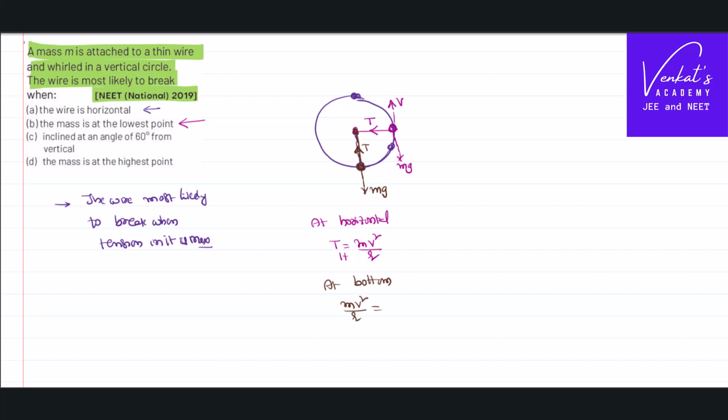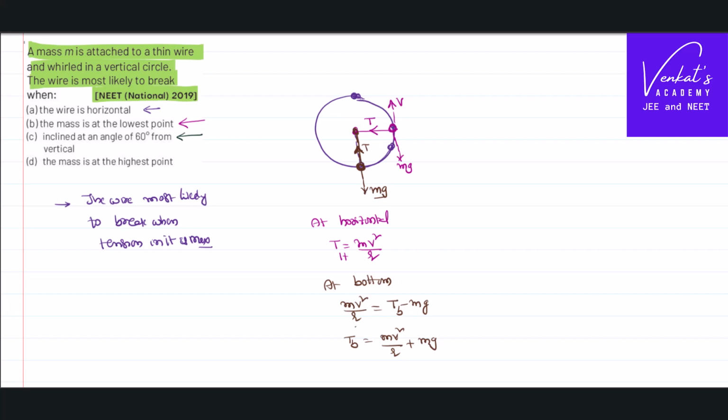As the centripetal force is towards the tension, forces towards the tension shall be treated as positive. Forces against the tension shall be treated as negative. So T at the bottom is mv square by r plus mg. That is option 2. Let's have a look at option 3.